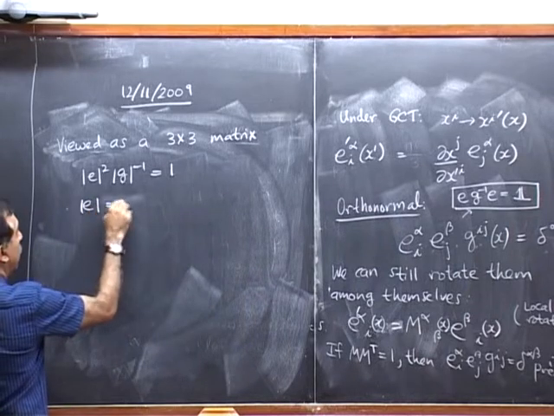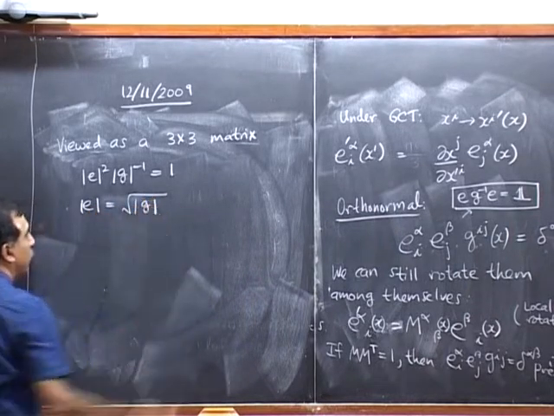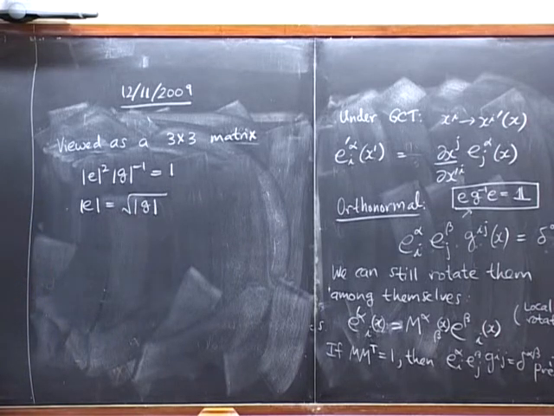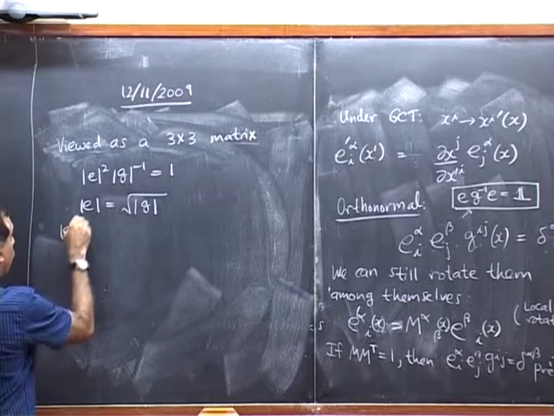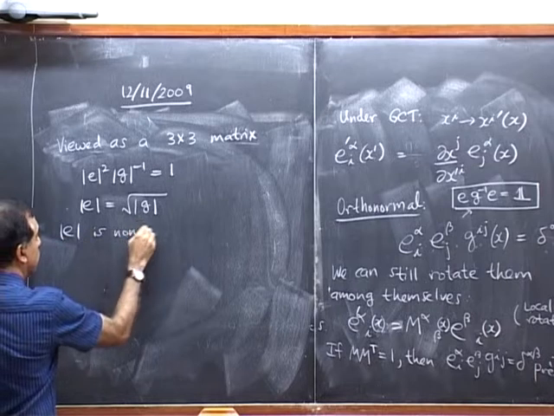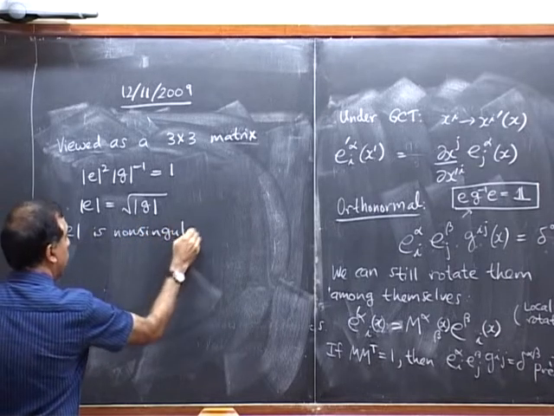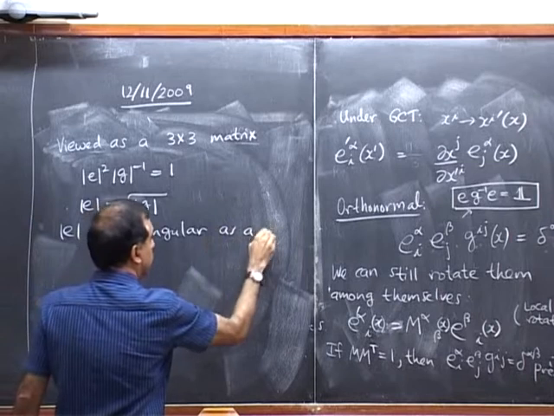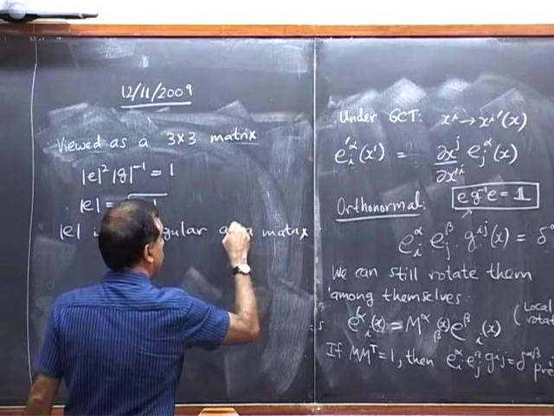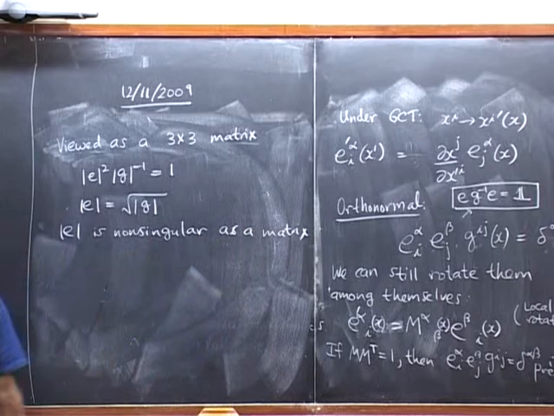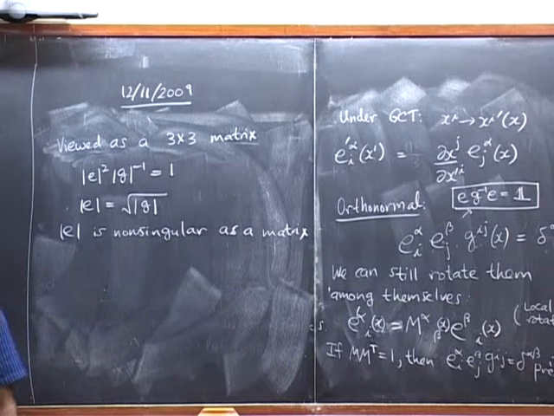So you learn that det of E is square root of det of G, which means since G being a metric is non-singular, E is also non-singular as a matrix, which means we are free to invert these E's as matrices. Notice that E is not even symmetric. It doesn't even mean anything to ask if it's symmetric because one index and the other index have completely different meanings, so you can't exchange the indices. There's always one of one type and one of a different type, but still it's non-singular.